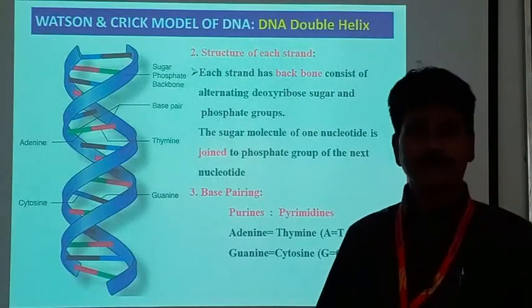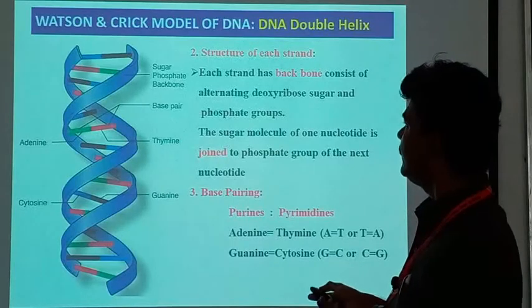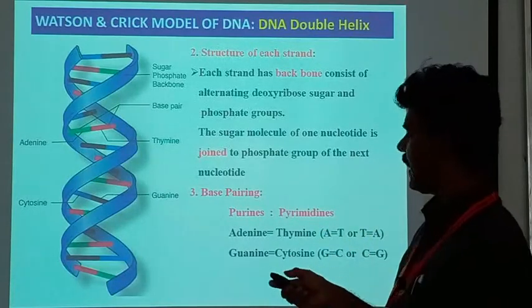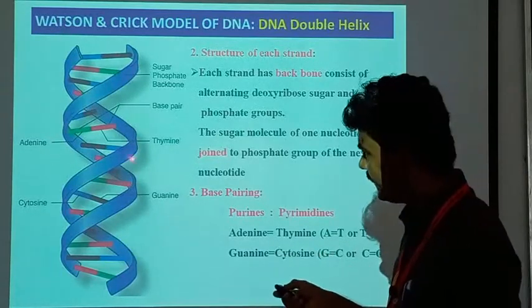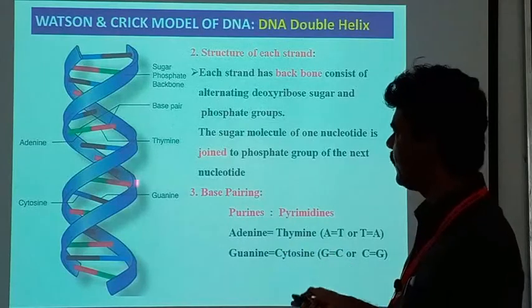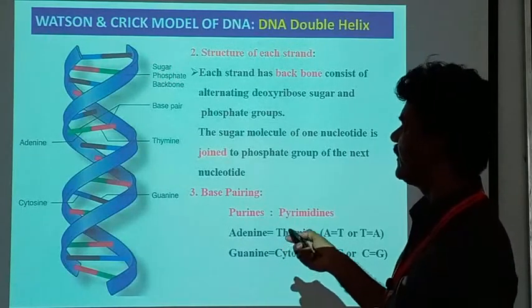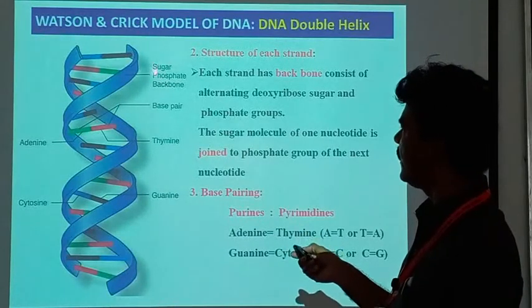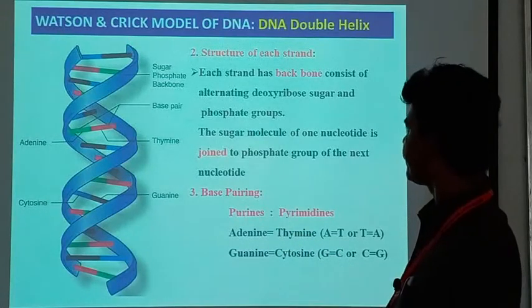Then, the second characteristic according to Watson and Crick: the structure of the strand. What is the structure of each strand in the DNA? Each strand has a backbone of sugar and phosphate. Means on every strand there are sugar and phosphate, and these form the backbone of each strand.